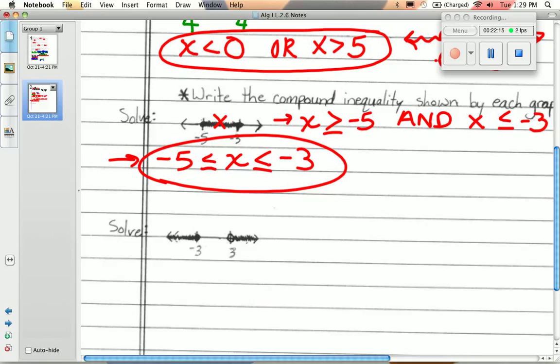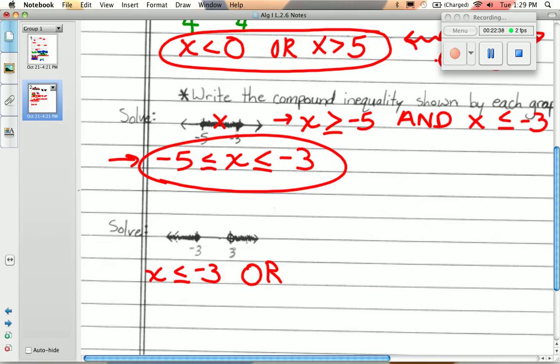How about this one? What's this one? X is less than or equal to -3, or x is greater than 3. Yeah, this is an or one because there's a shaded region over here and a shaded region over here, so it means it can come from either of them, doesn't it?